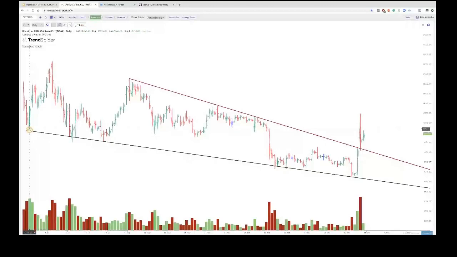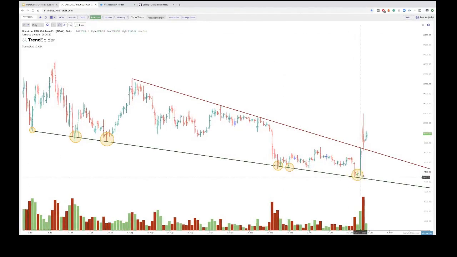So as the price respects this area more, this trend line becomes more significant. And so you'll see here, as I'm circling all these times the price responded to it, there's a lot of different points of interest on this line showing that this is going to be a hard line to break to the downside, because every time the price came back to this area, demand came back in and the price ripped to the upside.